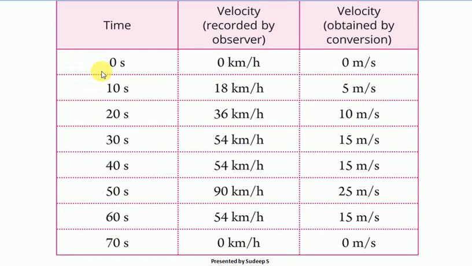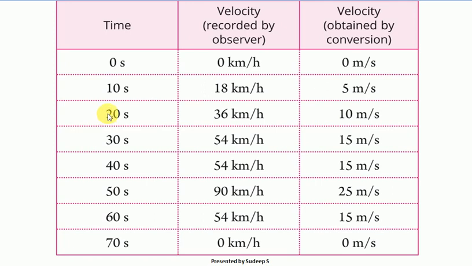As you observed, from 0 to 10 seconds, the change in velocity was from 0 to 5. From 10 to 20 seconds, the change in velocity was 5 to 10 meters per second.